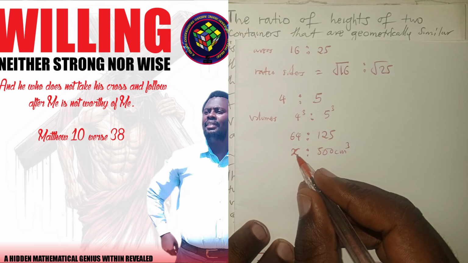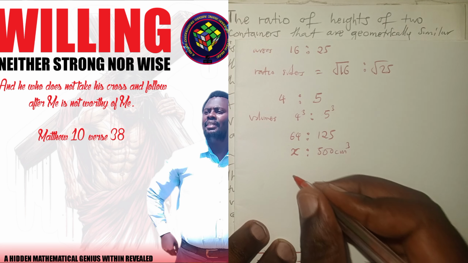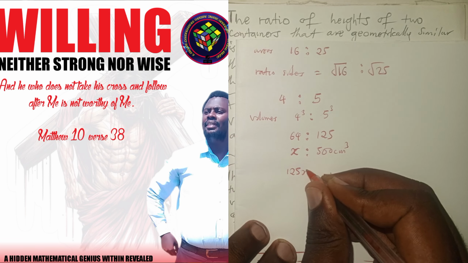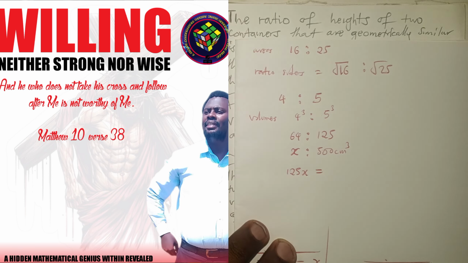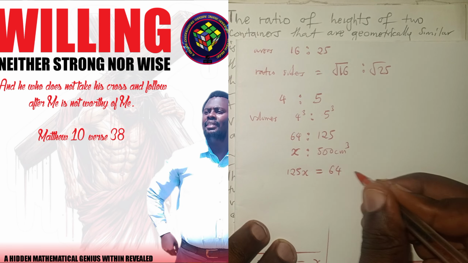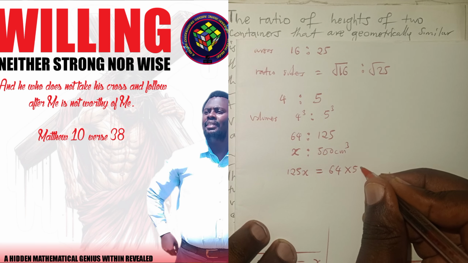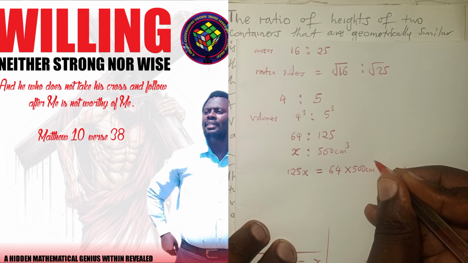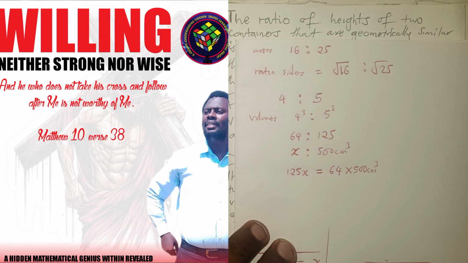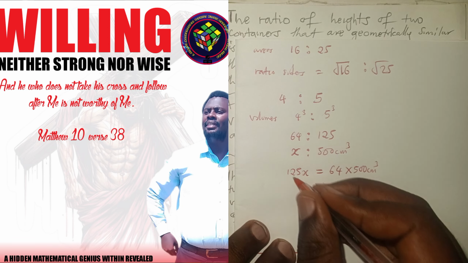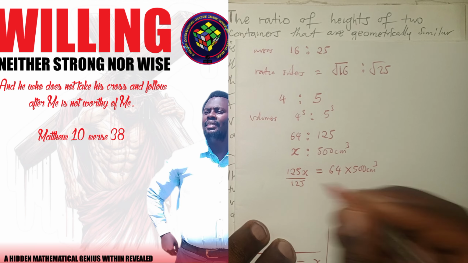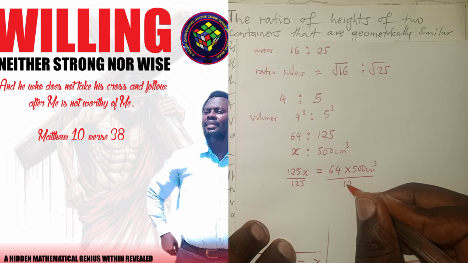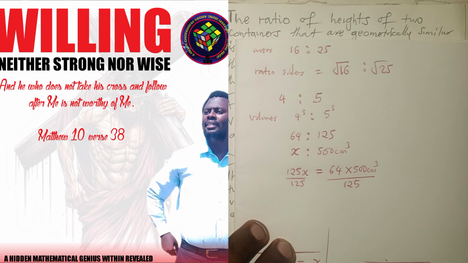So x multiplied by 125, you get 125x is equal to 64 multiplied by 500 cubic centimeters. Then to remain with x, we divide both sides by 125.